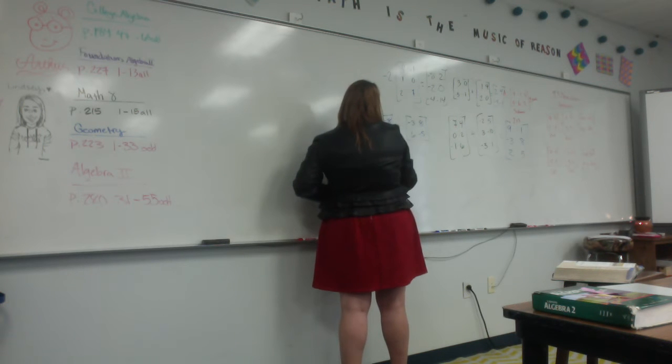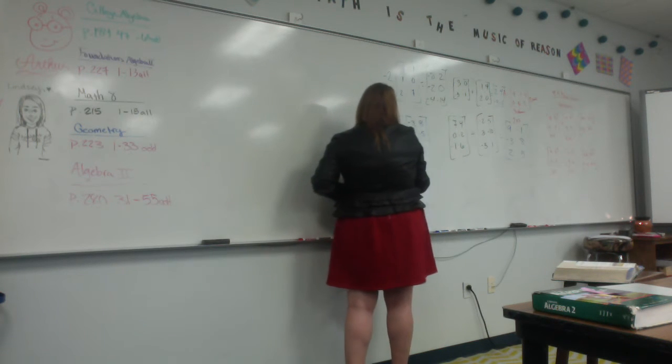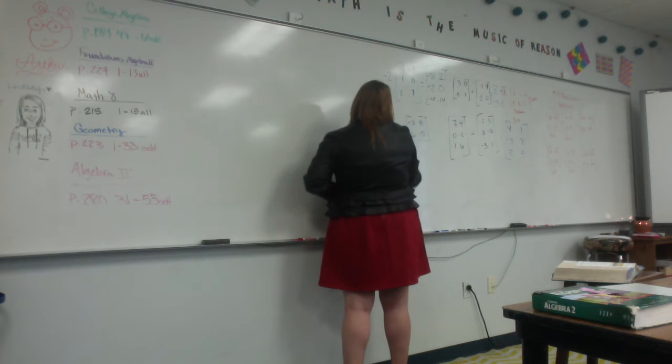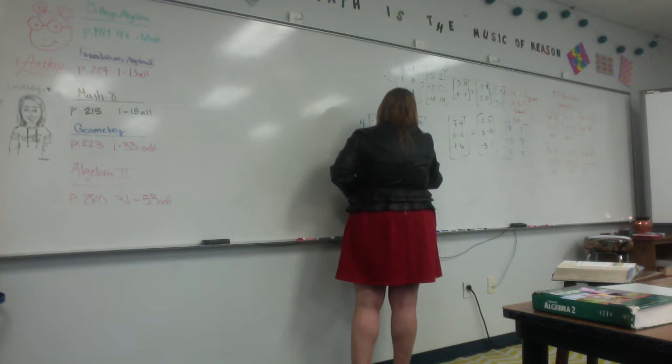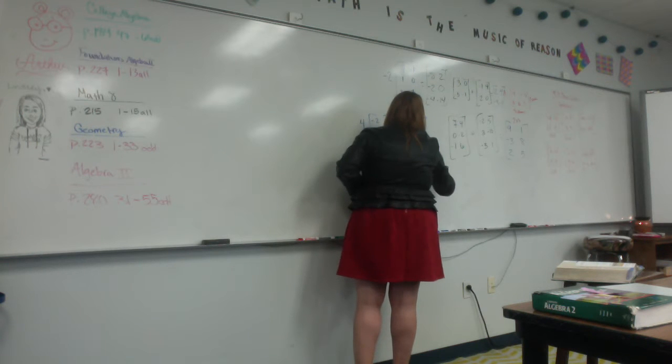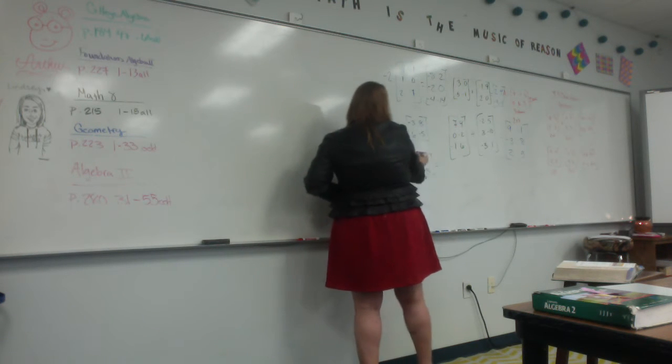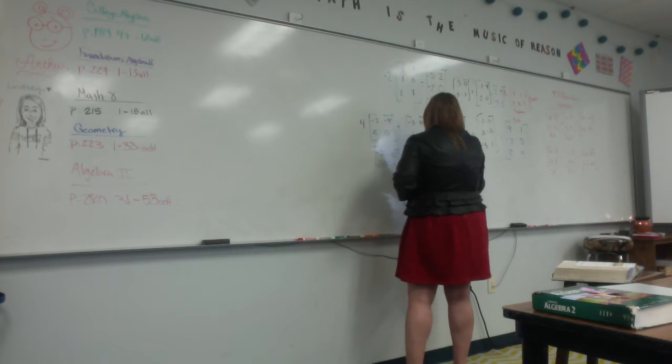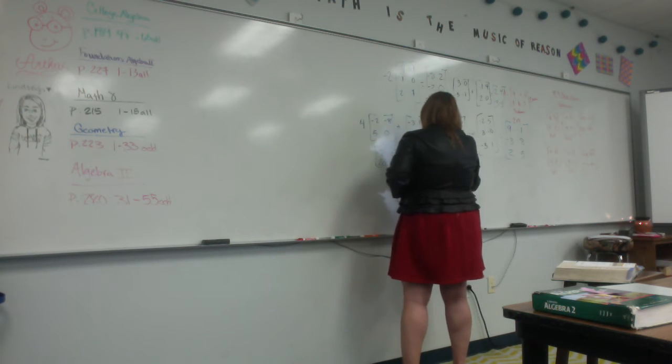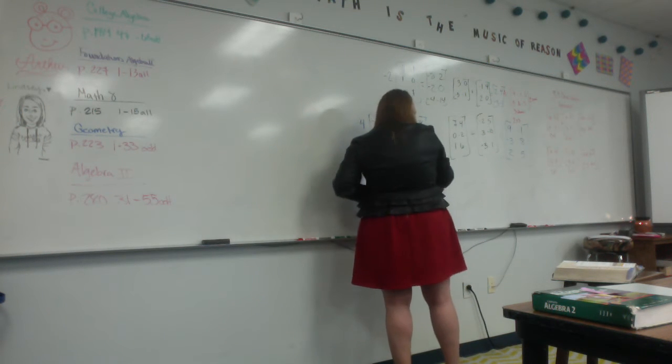What's 4 times negative 8? Negative 32, and what's 4 times 0? And then I'm going to add it to this. Can I add these together? Yes, good. What is negative 8 plus negative 3? What is negative 32 plus 8?